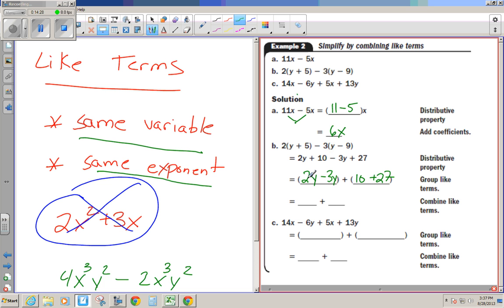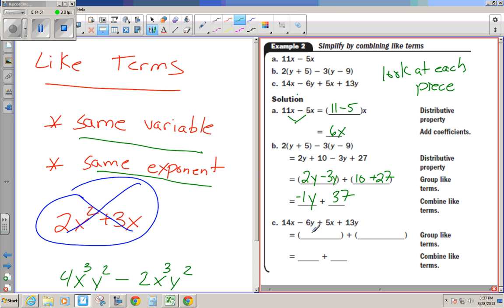And now just do it. 2y minus 3y is minus 1y. 10 plus 27 is 37. Look at each piece. Sometimes this can become difficult if you do too much at once, so don't even try it.